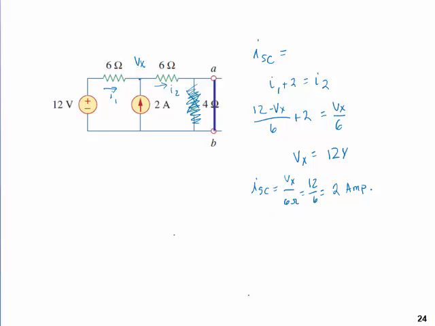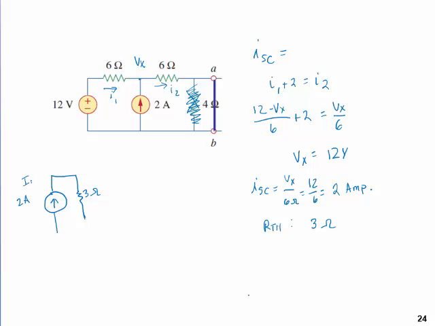And then you find R Thevenin the same way as before. So I'll just use R Thevenin from the previous side, which was 3 ohms. So I'm going to go ahead and say we have 2 amps, we have 3 ohms.